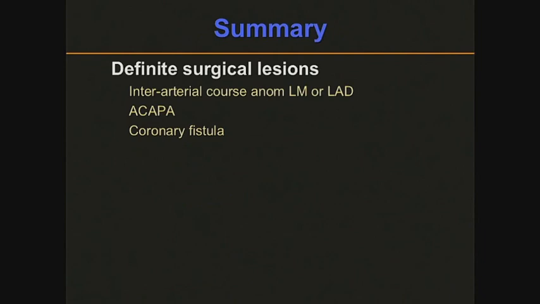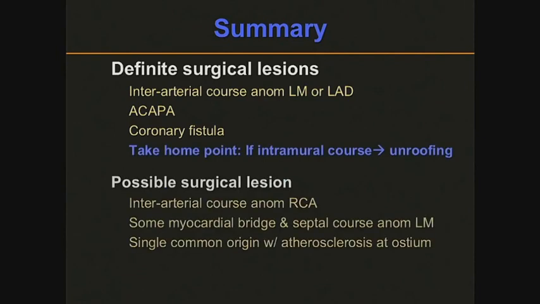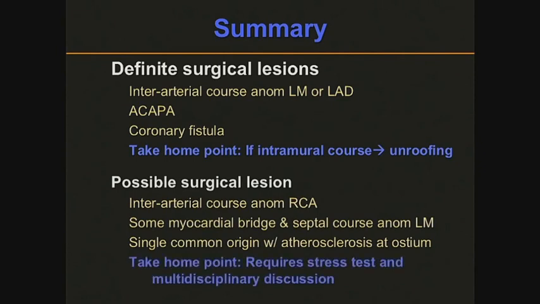So in summary, definite surgical lesions: intra-arterial course of left main and LAD, atresia, and coronary fistula. Take-home point here is if there's an intramural course, unroofing is done. Possible surgical lesions: intra-arterial course of the RCA, some myocardial bridges and septal courses, and single common origin at the ostium.